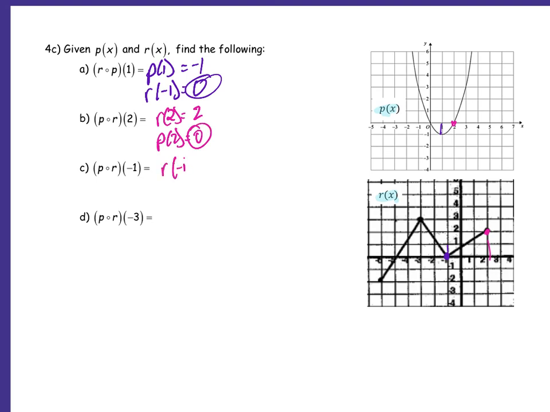R of -1 is 0. And then P of 0. P of 0 is 0. And R of -3. R of -3 is 3. And P of 3 is 1, 2, 3.